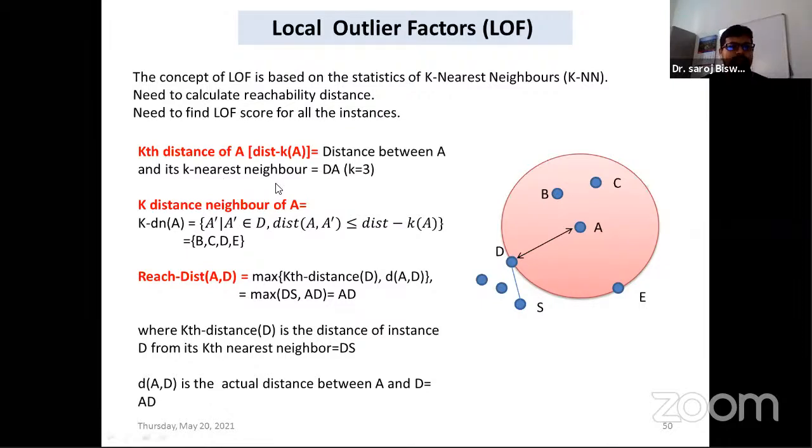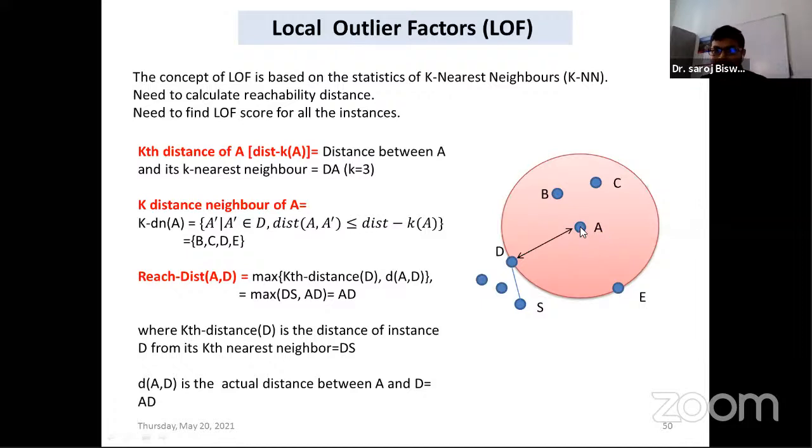That distance is the kth distance of A. For example, consider this example, where our objective is to find the kth distance of A. The value of k is always a tunable parameter, and we need to assign it. In this problem, we are interested in k equal to 3, so we want to find the distance between A and its third nearest neighbor.